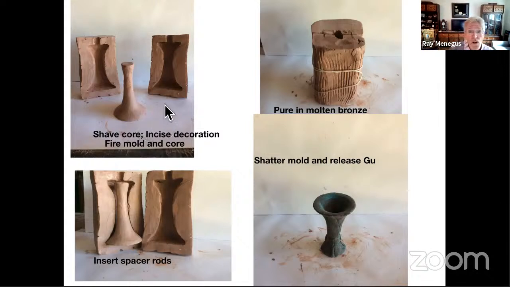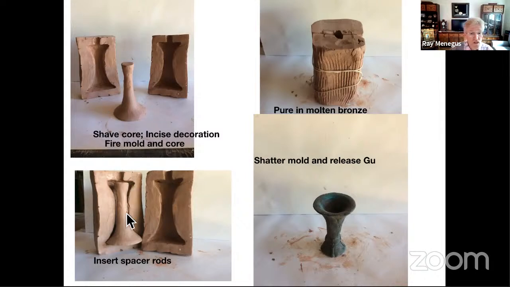But before you do that, you go into the mold and you incise more features. Anything you carve into the mold is going to be a positive relief of decoration on the finished product. So you finish decorating by carving additional features into the gap of the mold.